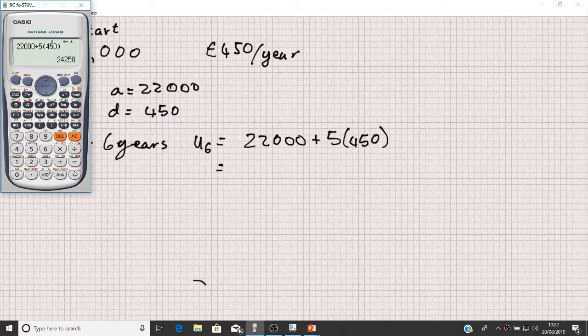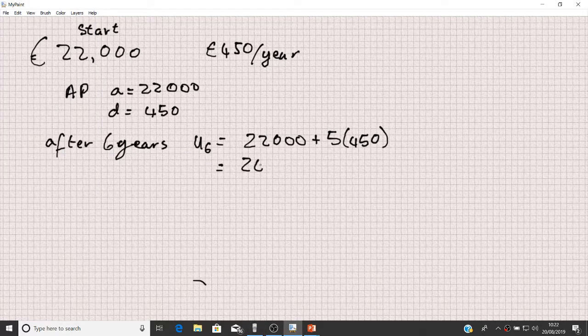And after 6 years, Peter's salary will be €24,250. Okay, so that's a simple practical problem using an AP. We'll take a look at another example.